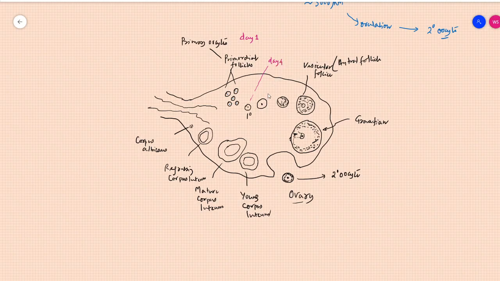And by day 8, it would have matured into a secondary follicle, and so on. So a mature follicle or a Graafian follicle would be about, say, the 13th day.